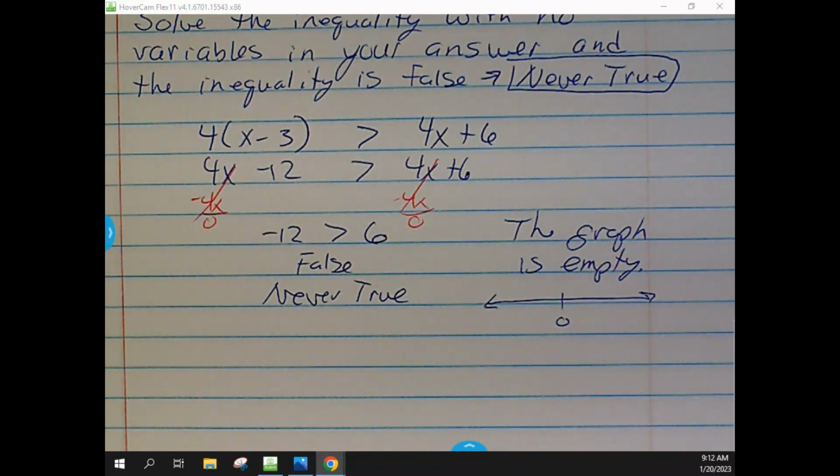So that was one where they probably would not even ask you to graph something like that because there's nothing there. Same thing with interval notation. There's nothing there because there's no answer to it. So they wouldn't ask you to do that. It's blank. It's empty. It's an empty set.